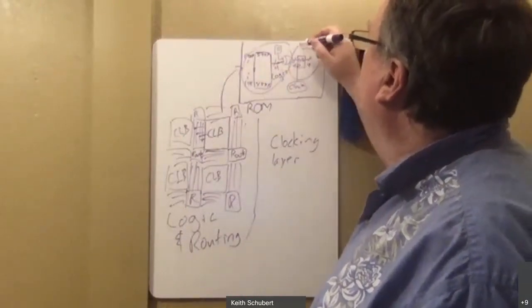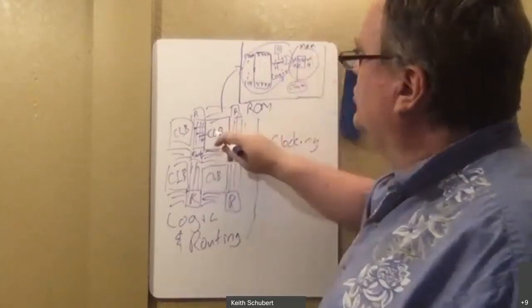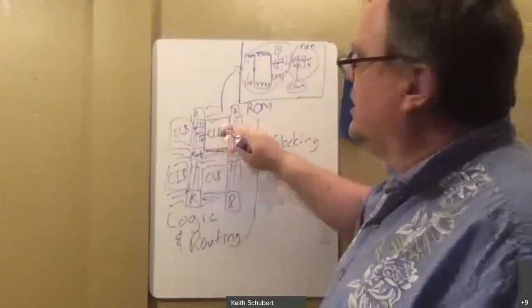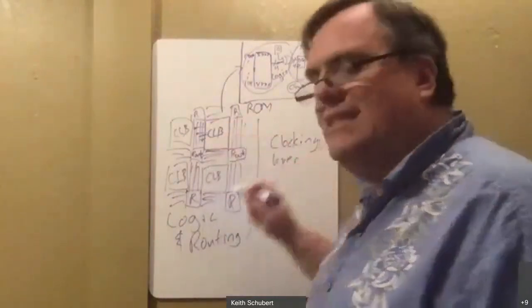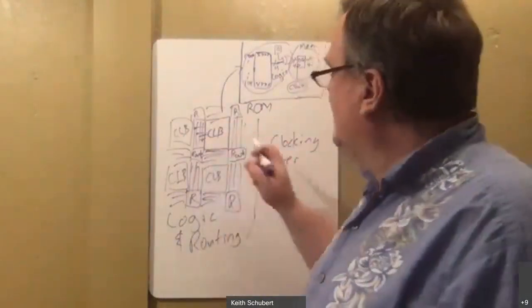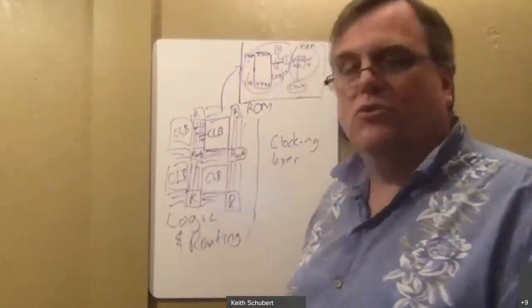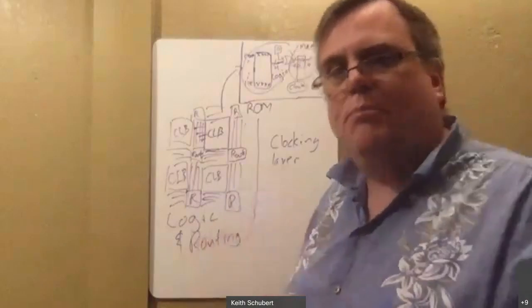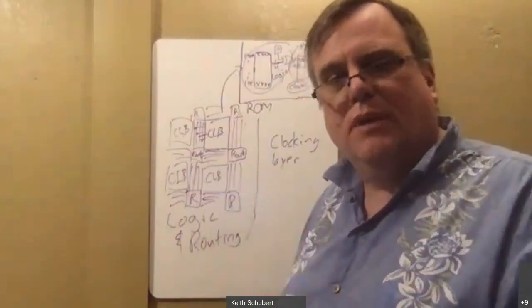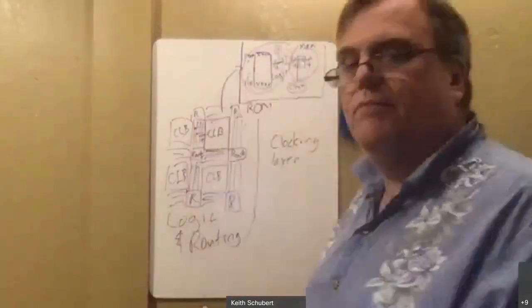And then there's a memory. So each one of these has logic and then a clocked input. And that clocked input connects to a different layer, but it's a layer that your logical signals can't get to. They're completely separate. Does that much make sense? Because that's really what I want you to get from this picture.